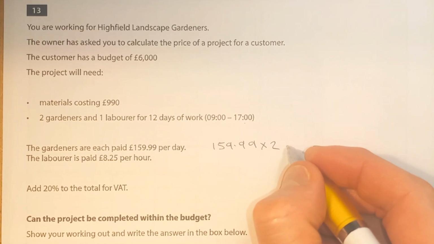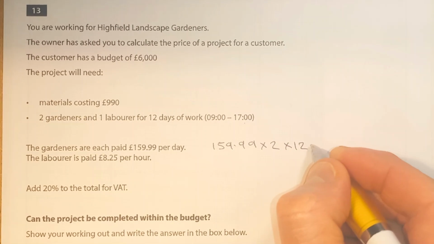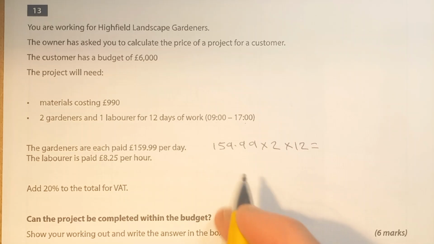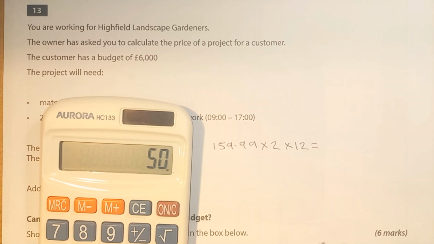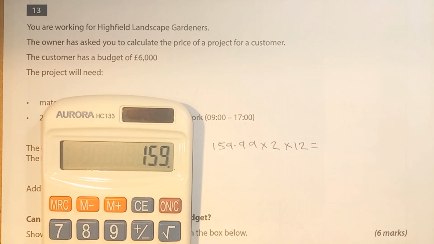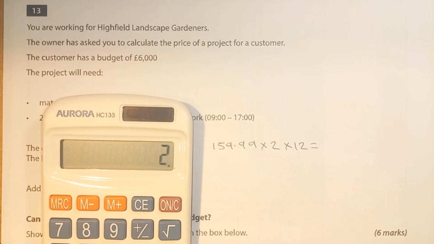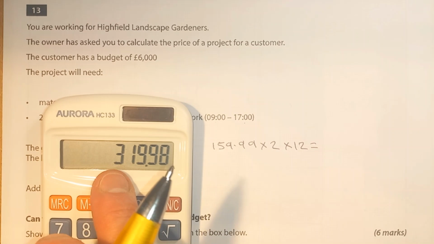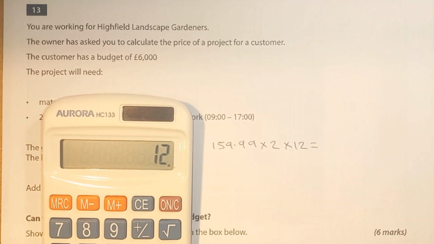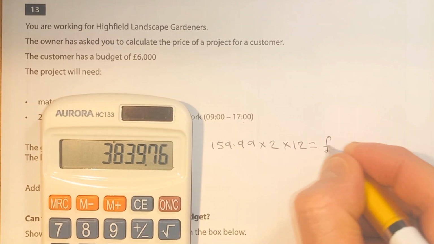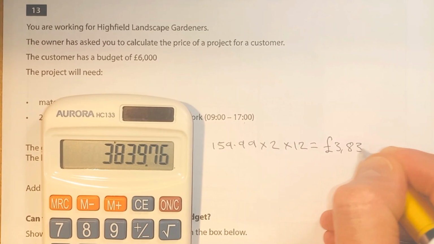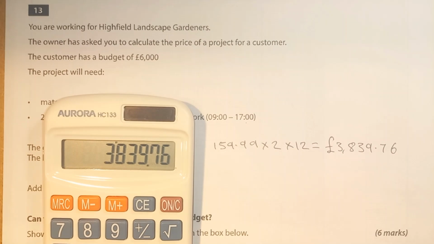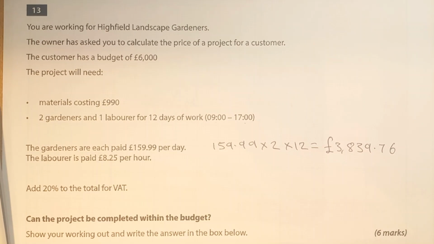And they're going to work for 12 days. So times it by 12. You can split that calculation up if you want, but I'm just going to do it in one go. Times 2. So that's how much per day for the 2 gardeners, and then times 12 days is £3,839.76. That's for the gardeners.